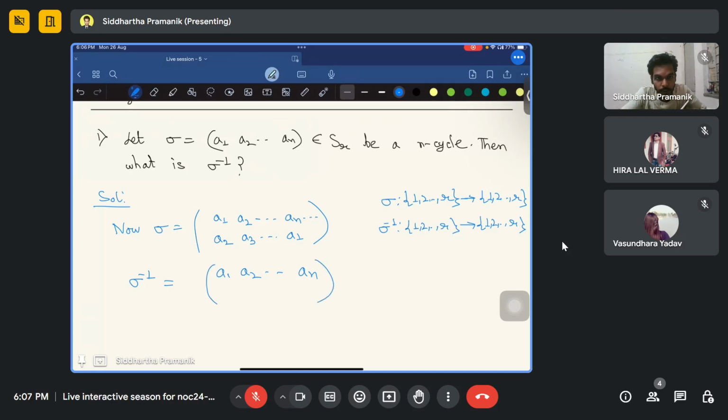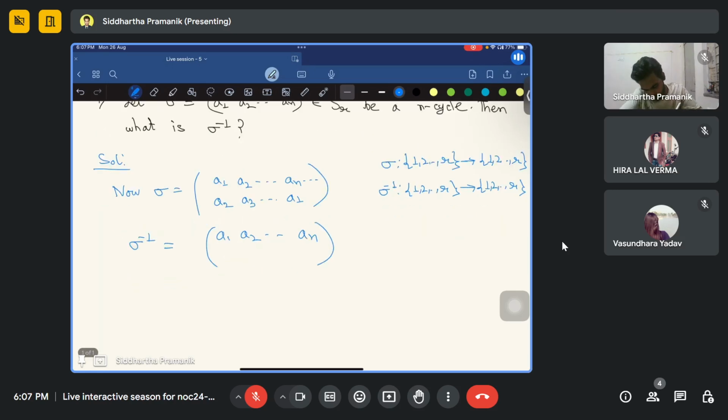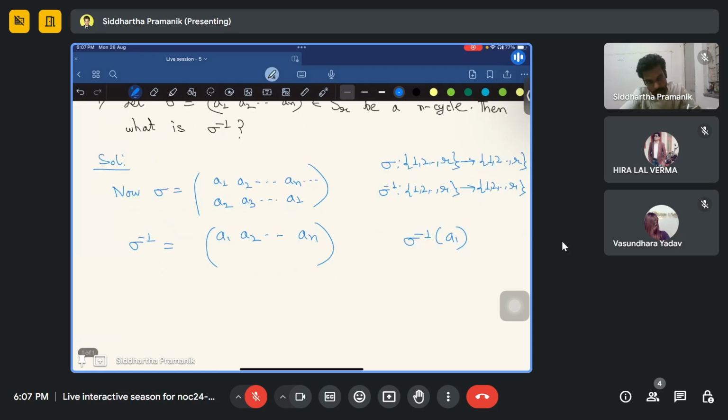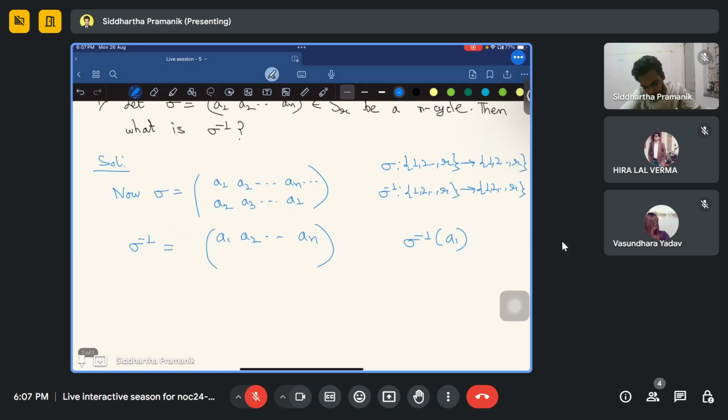Okay. What is the pre-image? We need to find sigma inverse of a1, right? So this is the pre-image of a1 under sigma. And the pre-image of a1 under sigma is an. Similarly, the pre-image of a2 is a1.